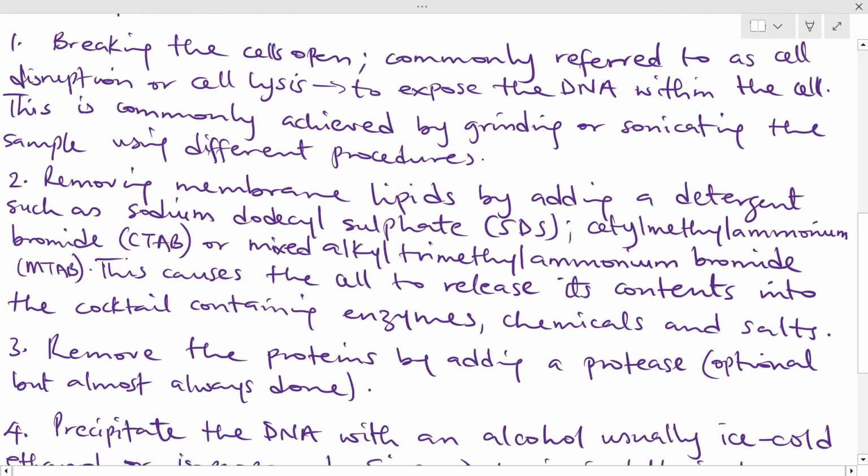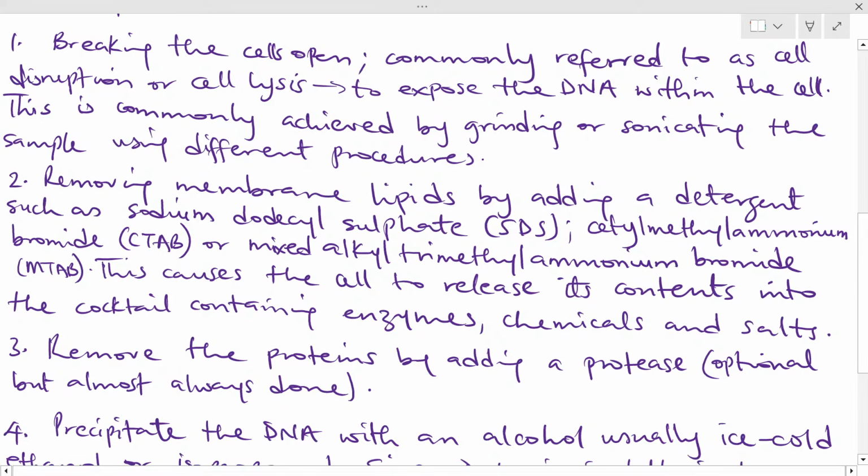So when you pull out these cells and you use your SDS, your CTAB, and your MTAB to remove lipids, this will cause the release of its content into the cocktail, containing enzymes, chemicals, and salts.